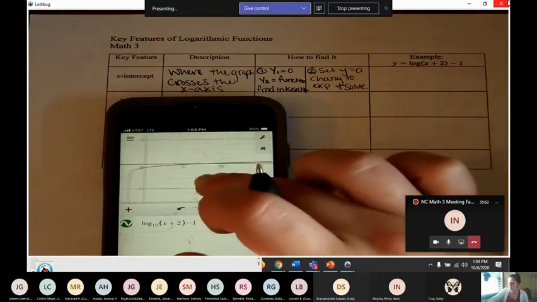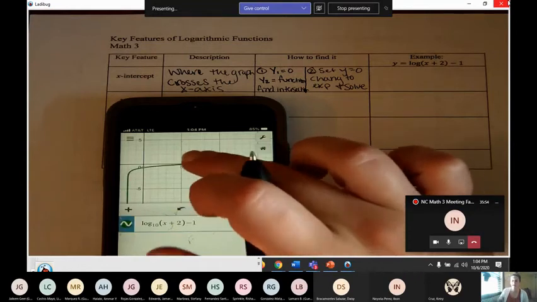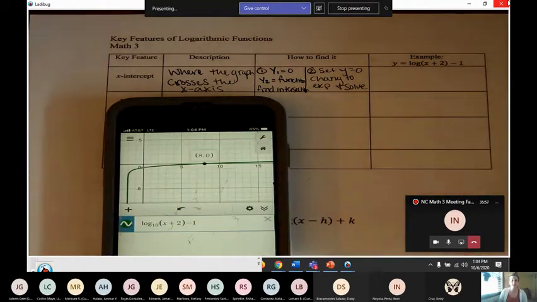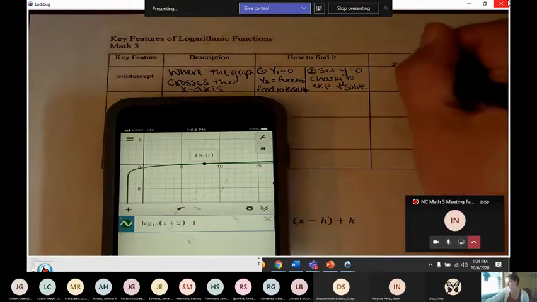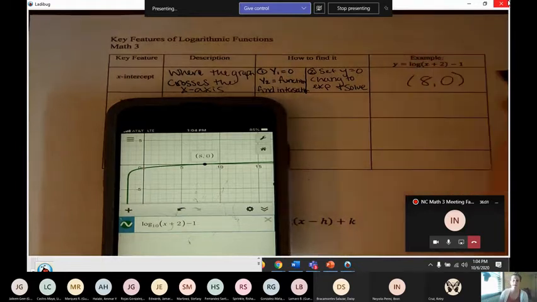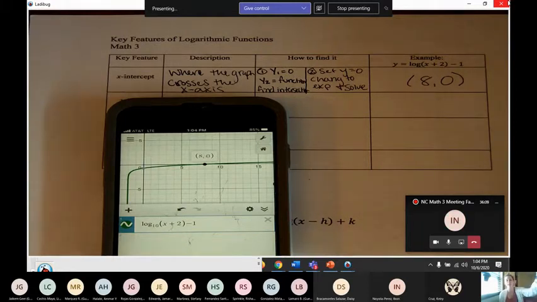And on Desmos, it will show you that the x-intercept is right there. You can just click on it and write in 8, 0. Okay, what questions do you have about the x-intercept?